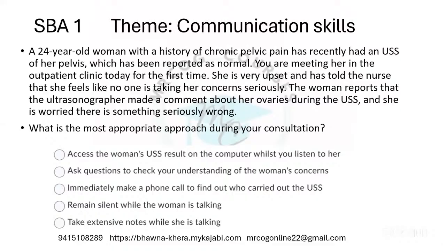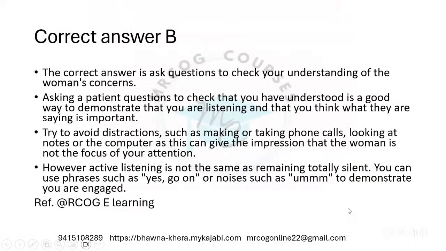You need to find out where the things are not aligning. So, asking questions to clarify is a better communication skill than simply sitting silently and waiting for the woman to talk. So, B is the correct answer. The correct answer is: ask questions to check your understanding of the woman's concerns.